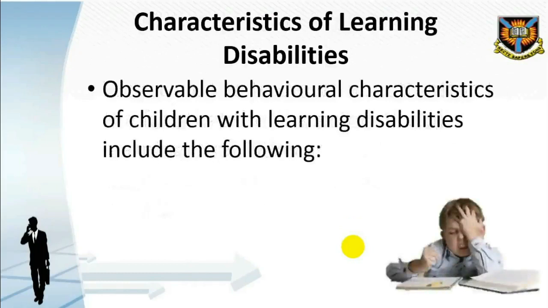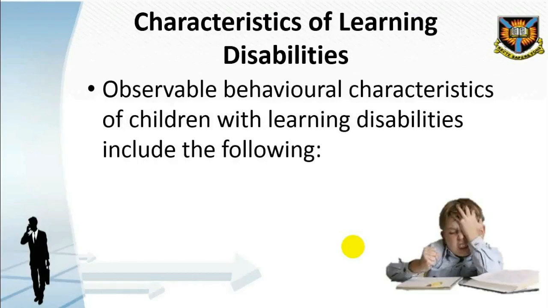We will highlight some common characteristics and give a brief explanation of each of them. You should note that it may not be possible or easy to bring out all the characteristics of human behavior, bearing in mind that no two individuals are the same. However, there are some characteristics that are common to children with learning disabilities.